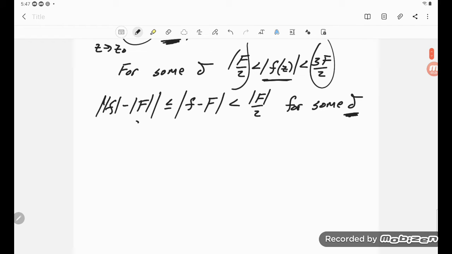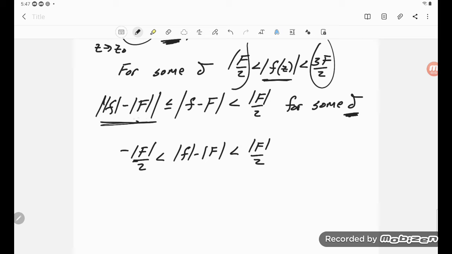And so if that's the case, then taking this with that absolute value, what that means is that minus the absolute value of F over 2 is less than the absolute value of f minus the absolute value of big F, which is less than the absolute value of F over 2. I'm just using the definition of those outside absolute values.